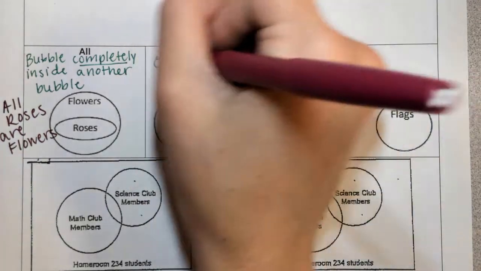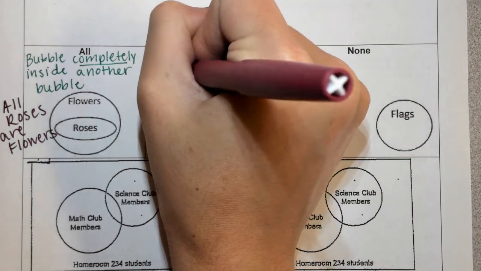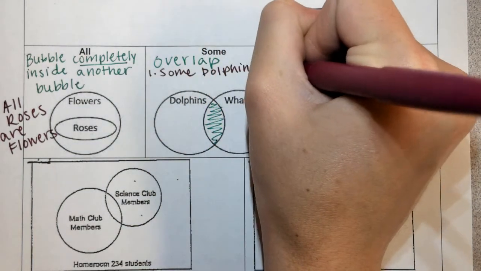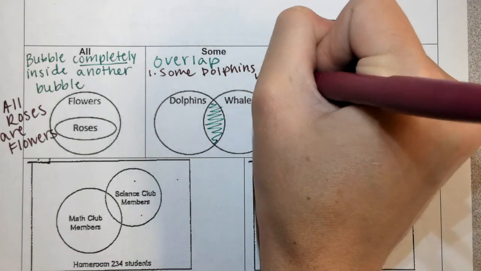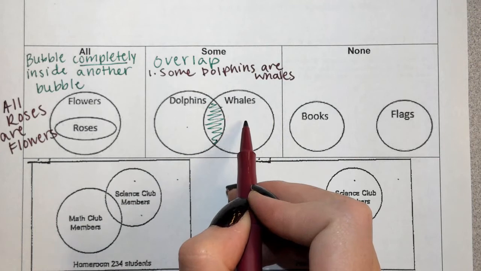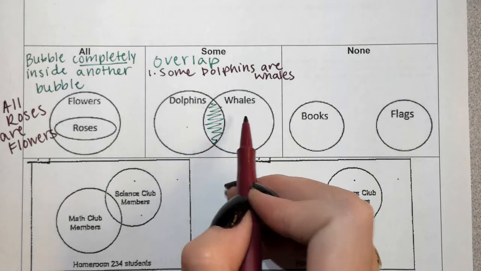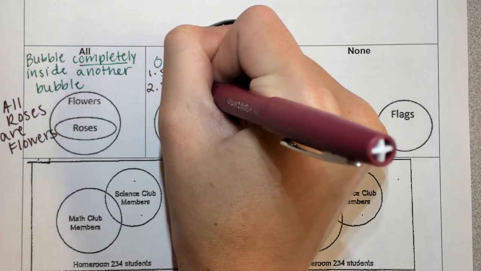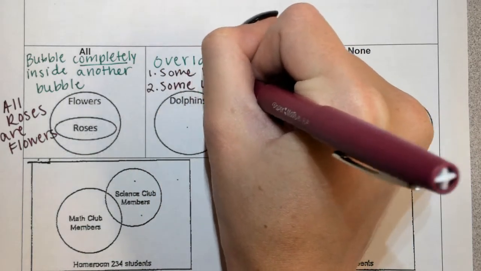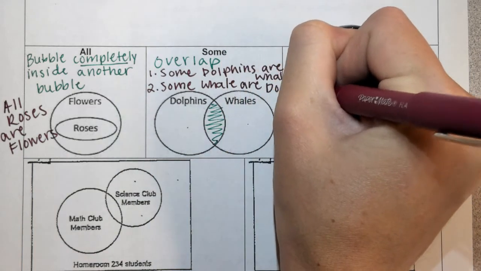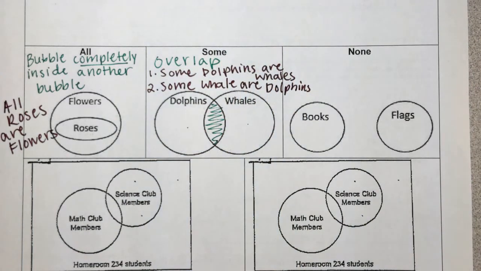First you could say that some dolphins are whales. But you could also say that some whales are dolphins. So that sentence works in either order. It's kind of like the converse, hence why we learned all of those things.